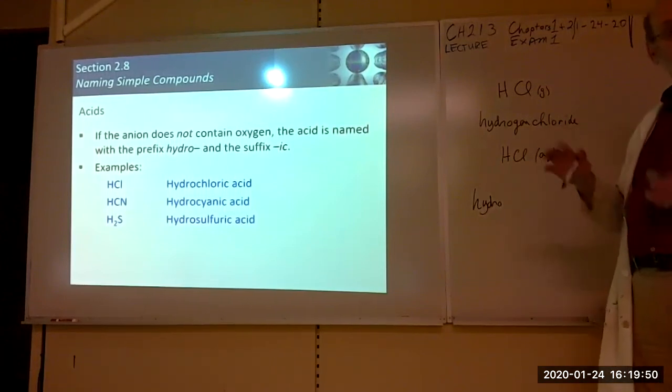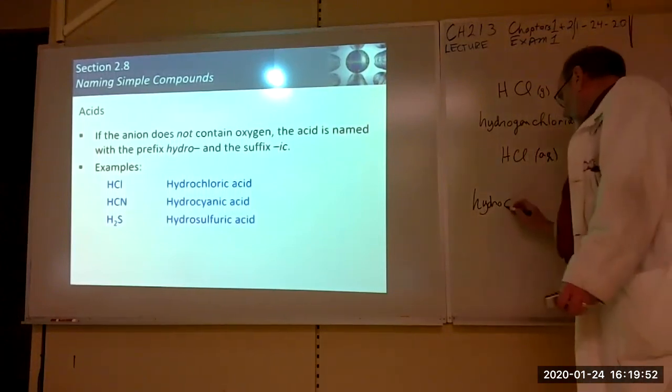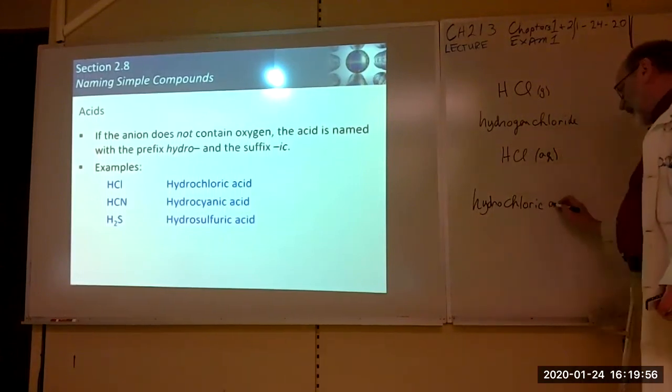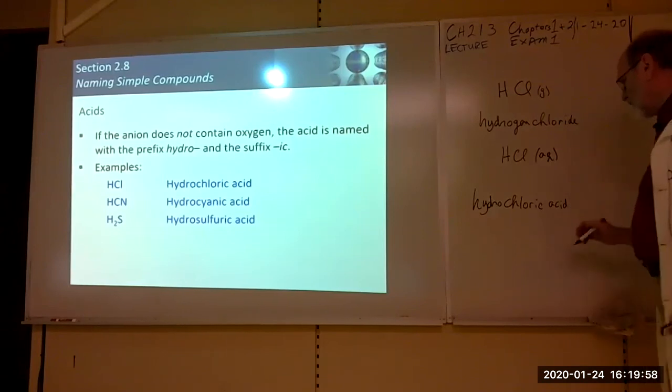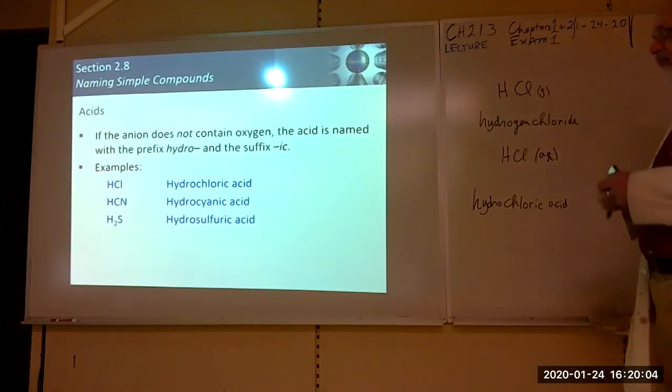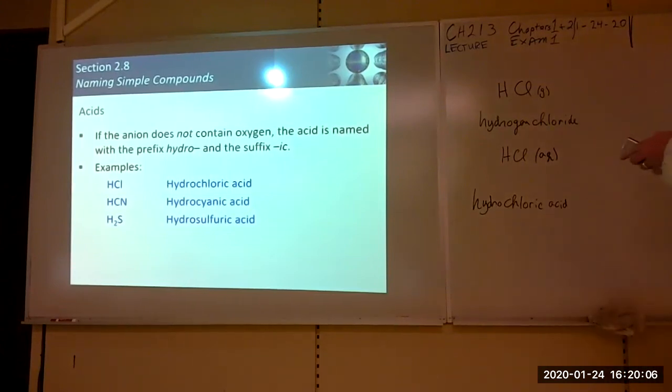Instead of -ide, you change it to -ic. So we say hydrochloric, and then follow with acid. So dissolved in water, it's hydrochloric acid. That's the first convention. No oxygen.